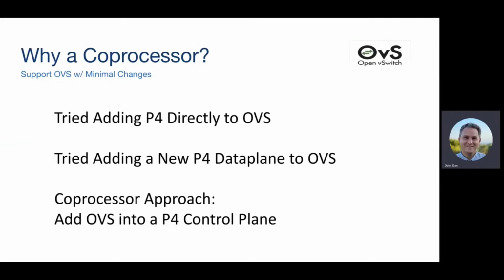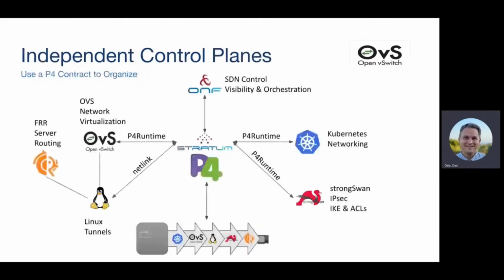And so that's where we landed on this coprocessor approach. It's really just saying that OVS will be another P4 speaker in the system, with a set of tables and a set of rules that it will program. Whenever it would normally program something in OpenFlow, we just copy that state over into the P4 pipeline.